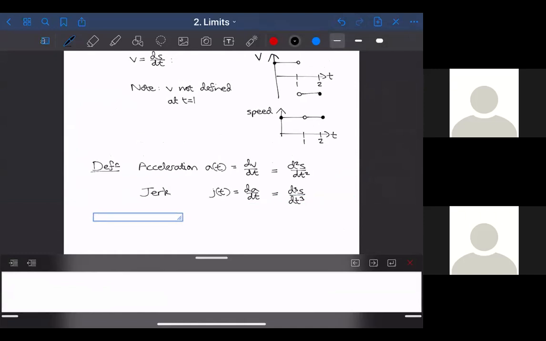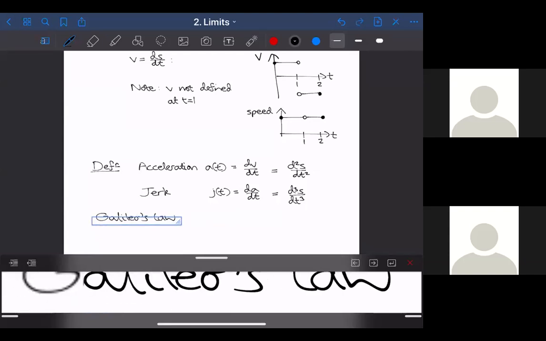Okay, so let's give an example. Galileo's law for a falling body.